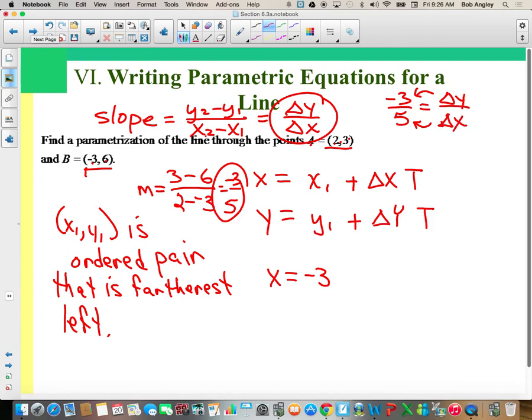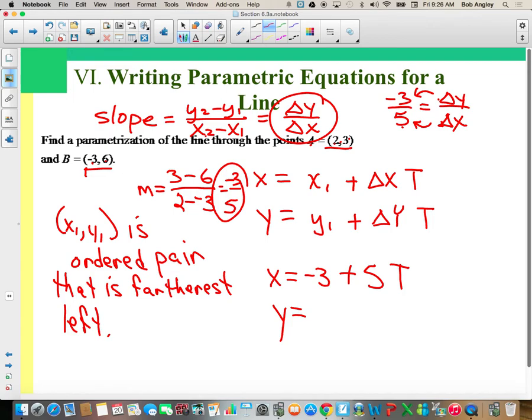My fault. So right here, we're going to write -3 plus, and now the delta x is 5, and I'm going to put a t. In other words, I'm just filling in that form. And then down here for y, I'm going to go 6.